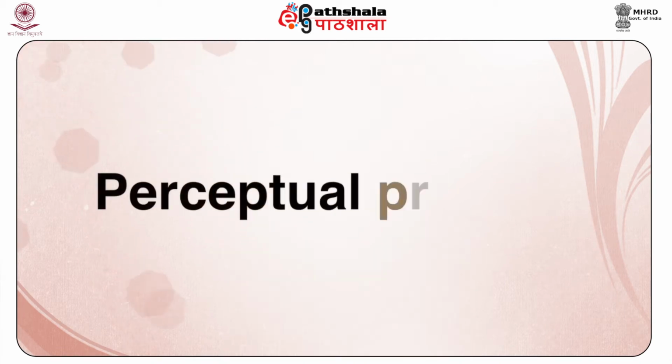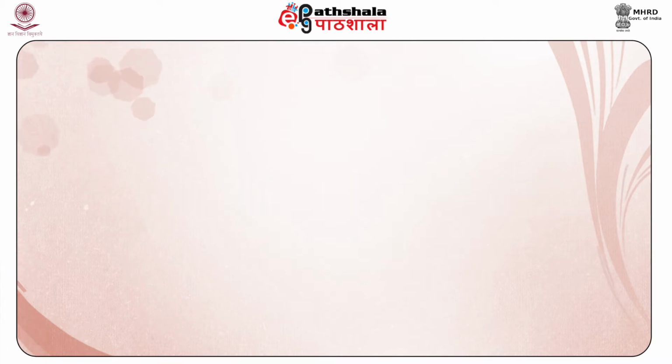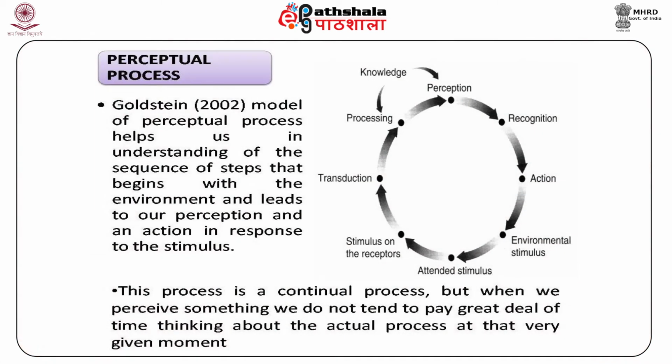Now let's understand what perceptual processes are. Goldstein, in 2002, gave a model of the perceptual process which helps in understanding the sequence of steps that begins with the environment and leads to our perception and an action in response to the situation or a stimulus. This is a continual process, but when we perceive something, we do not spend a great deal of time thinking about the actual process at that given moment.